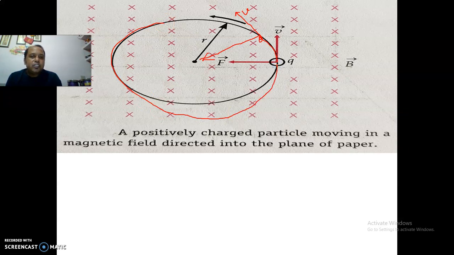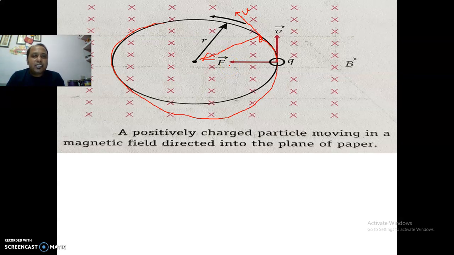That is, when a charged particle enters a magnetic field at an angle of 90 degrees, it will move in a circular path, and towards the center the force will be acting, which is the magnetic Lorentz force, given by Q V B sine 90.